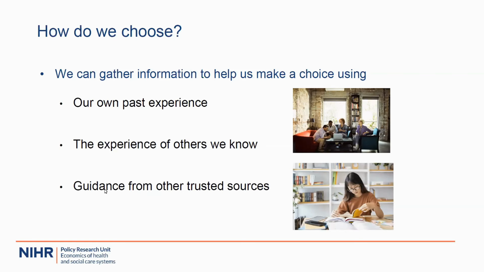Or we can use guidance from other trusted sources, which can come in a huge range of forms. It could be written resources or anything like this, which is helping us gather information to, again, see down those paths and try and understand what's most likely to be good for us.